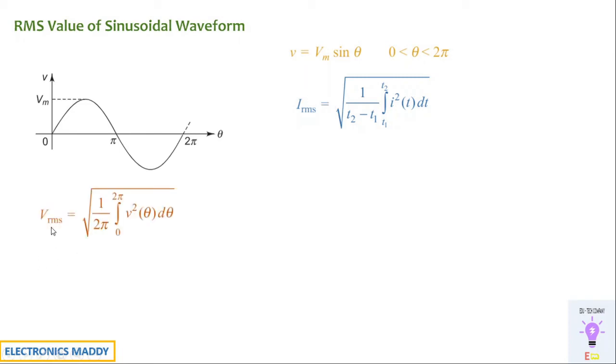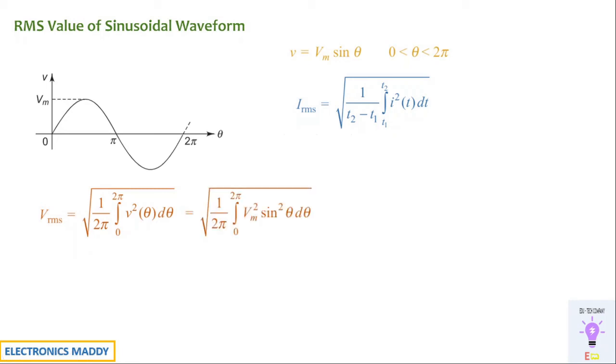With respect to voltage, we are considering one complete cycle, so we write 1 by 2 pi. The waveform starts from 0 and ends at 2 pi. So V square d theta, because we take the square of the magnitude of voltage, and d theta because the x axis is in terms of theta.